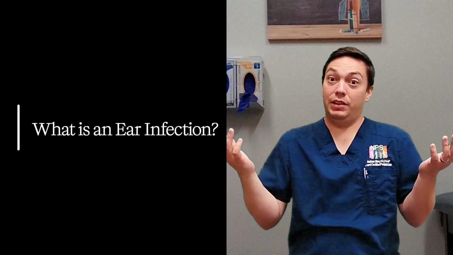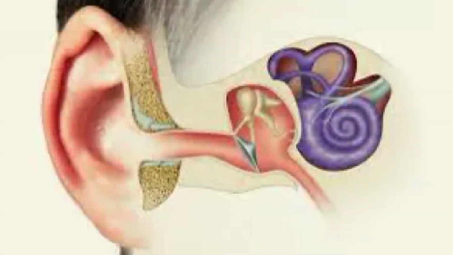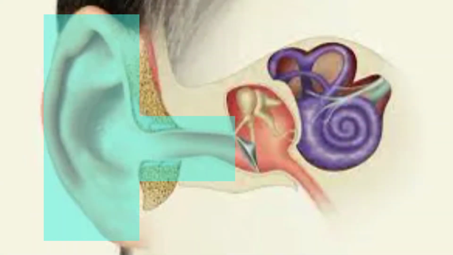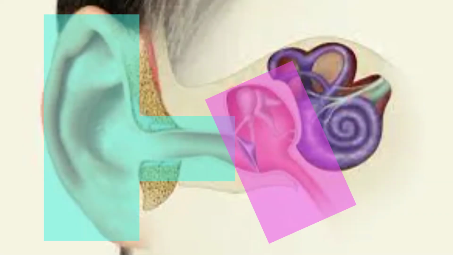So, what is an ear infection? Well, to start out that question, I'm actually going to show you a picture of an ear. The ear has two main parts to it. You've got the outer ear here and the middle ear here. In the outer ear, one of the most common things that we see happen is wax buildup. The other common thing that we see in the outer ear is going to be something called swimmer's ear.